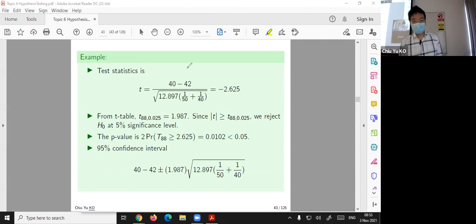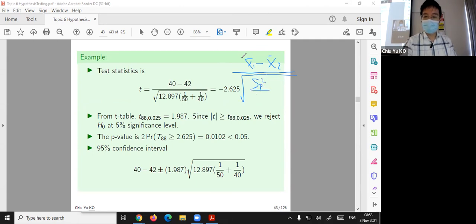Why? Because remember the formula here, right? The formula here, we just rewrite again. X1 bar minus X2 bar, and square root, right? SP square over N1, SP square over N2, okay?